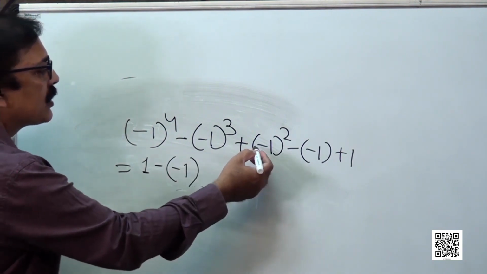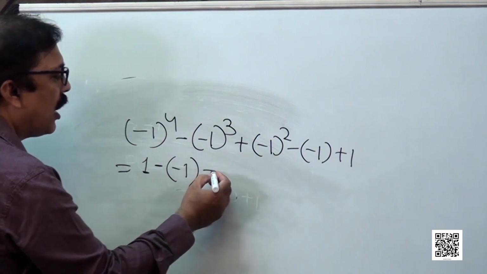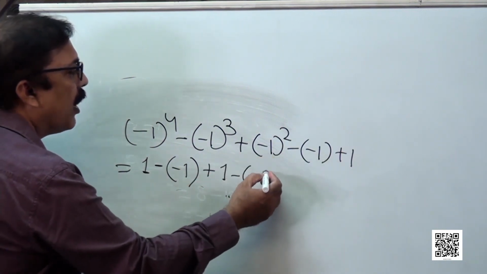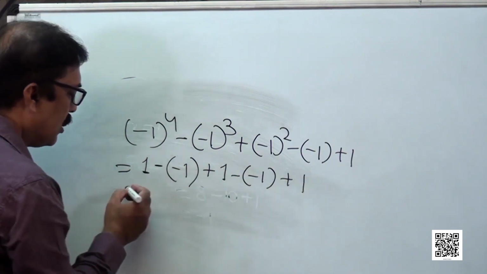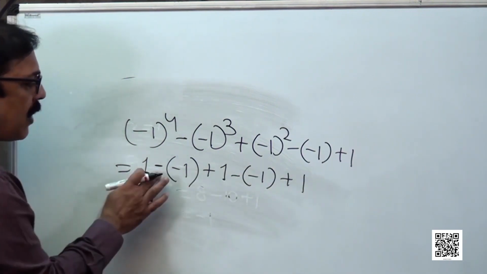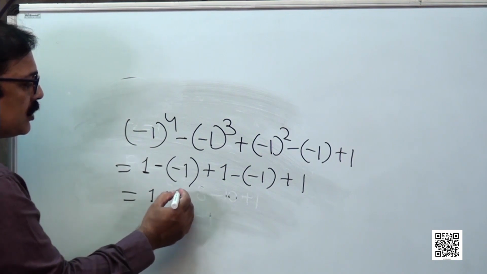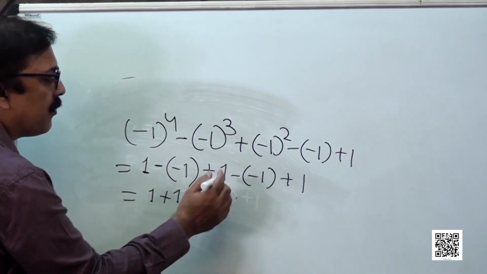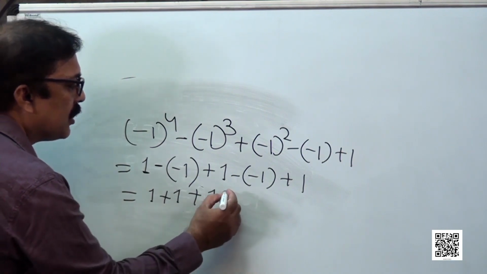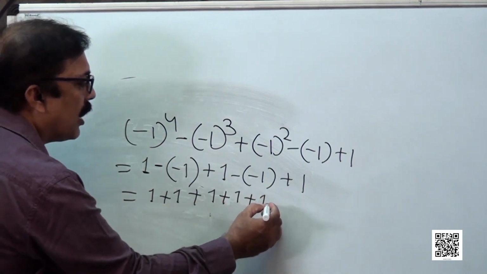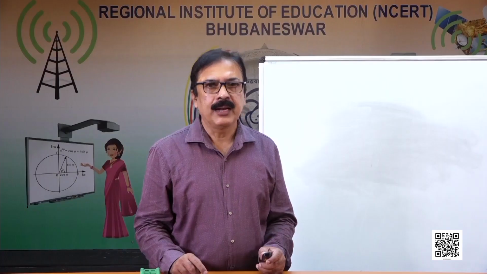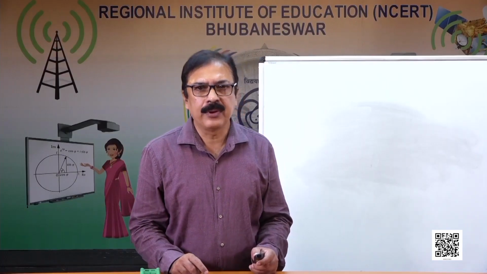And in this case plus minus 1 whole square, this is plus 1. This is minus of minus 1 plus 1. Now here it is minus of minus 1 is plus 1, plus 1. Here again minus of minus 1, that is plus 1, plus 1. So sum is 5. Let's see another example.